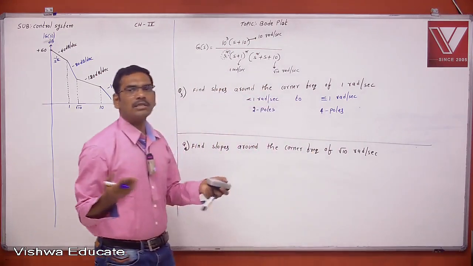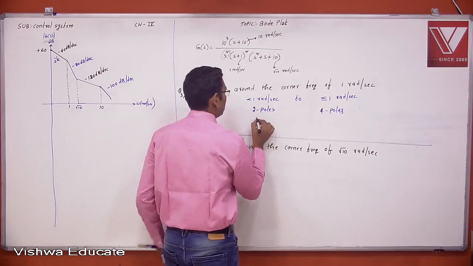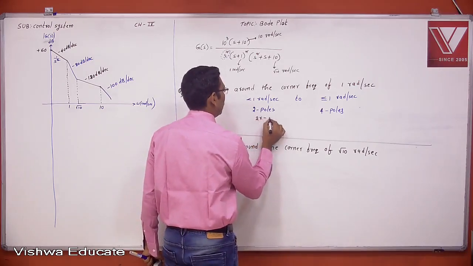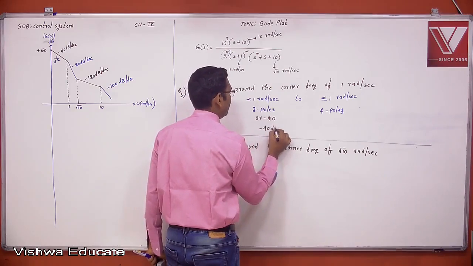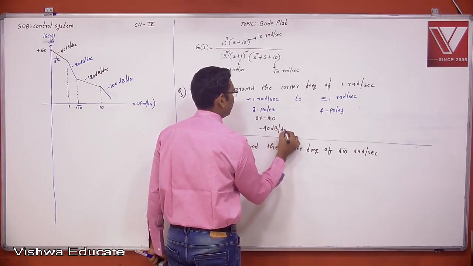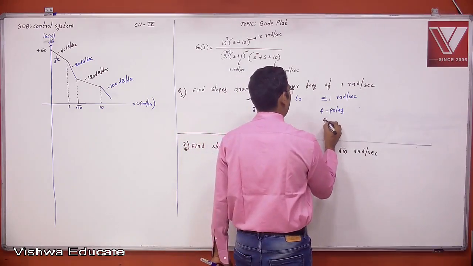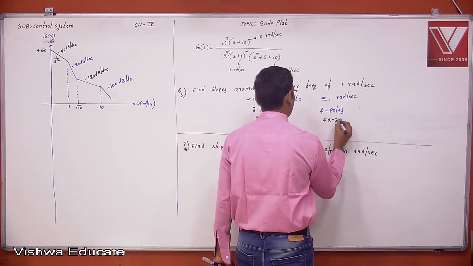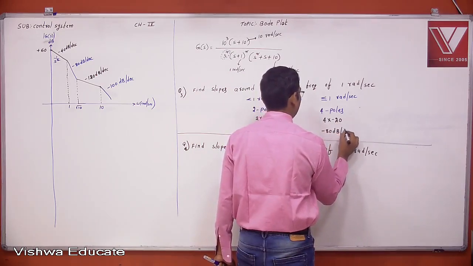If 2 zeros, 3 poles, like that, whatever it may be. Now find the slopes. 2 poles is nothing but 2 into minus 20, which is minus 40 dB per decade, and 4 poles is nothing but 4 into minus 20, which is minus 80 dB per decade.